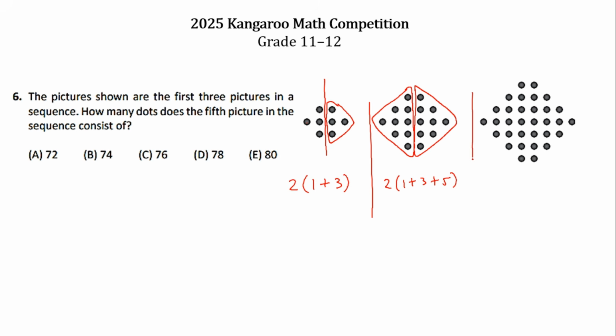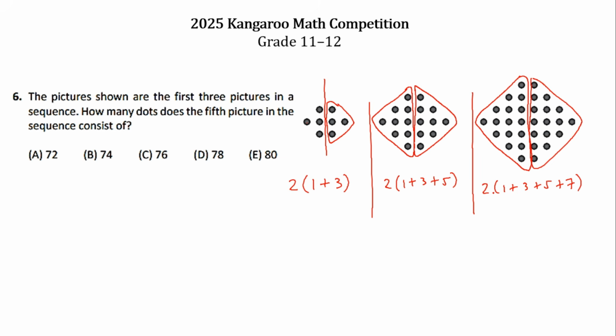Now, in the next figure, if you look at this part, that is just 1 plus 3 plus 5 plus 7. Since there are two parts, we'll just multiply this one by 2, right?